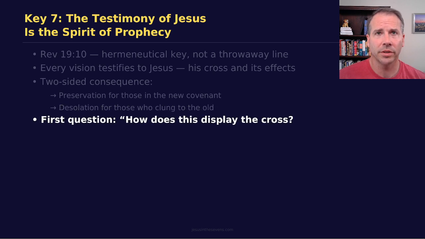So when we're in Revelation, it's helpful to ask, how does this display the cross? If you're reading one of the visions, where is the cross on display? Where is Jesus' work being displayed, or the effects of the cross? And then, as we mentioned in the section on the key for the structural perspective, look at that structural table, understand where you are, and that will also help guide your interpretation of a particular passage or image, because you understand where you are in the big scheme of the structure of Revelation, and then specifically think about how this thing is displaying the cross or its effects.